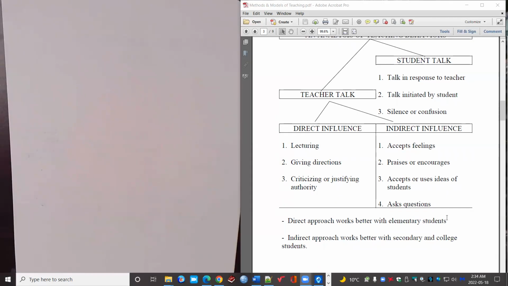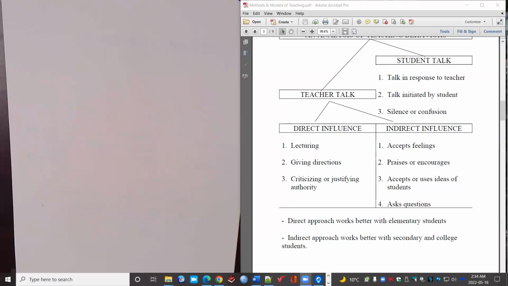They like direct influence. Direct approach works better. So what does it mean? In the neighborhood of, say, 60% of the time with direct influence, but 40% of the time indirect influence. The teacher cannot just stay with direct influence all the time.